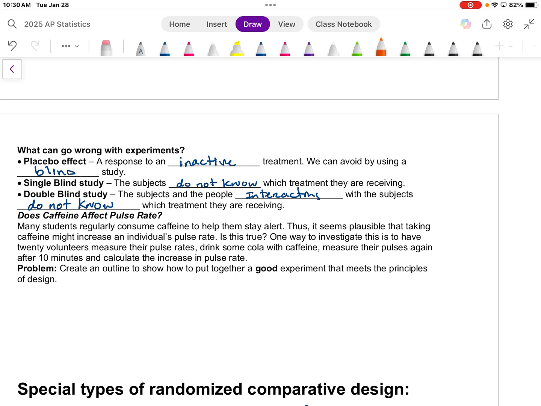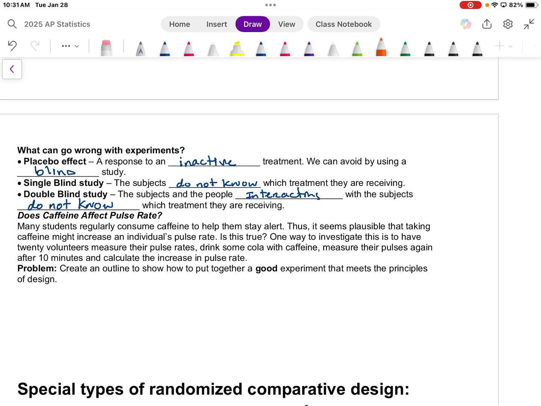In a double-blind study, the subjects and the people interacting with the subjects don't know which treatment they are receiving. A double-blind would be the perfect way because sometimes if you're trying to get information or data to support your case on why people need to be taking something or doing something, you can try to rig it to where you have certain people in that true treatment, the actual pill or whatever, and that will in turn try to give you extra information.